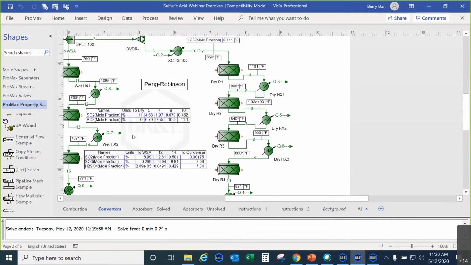Okay, so we have conversion. We started out with no SO3 going in, a lot of SO2. Now we have much less SO2 going out and a lot of SO3.